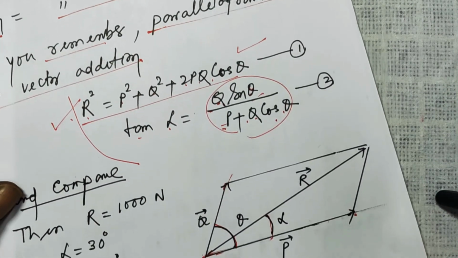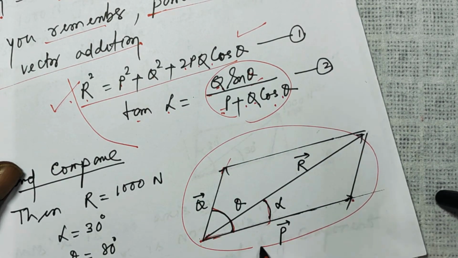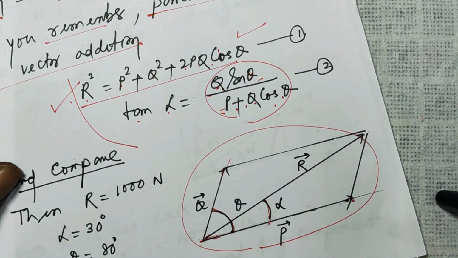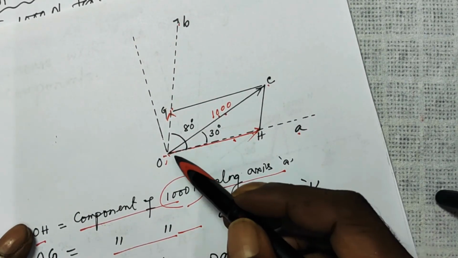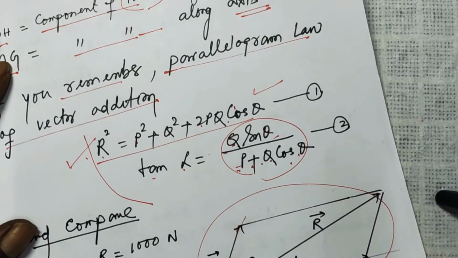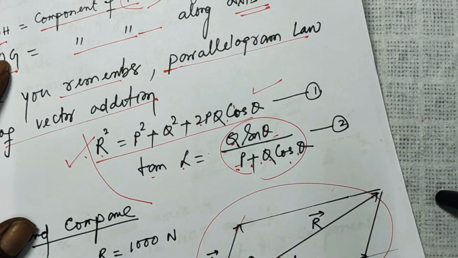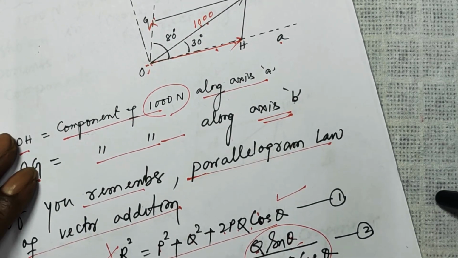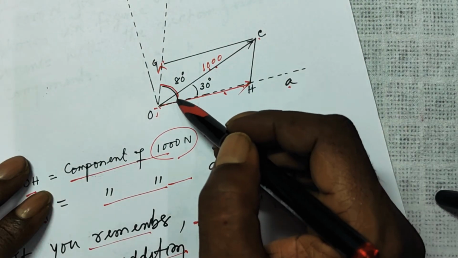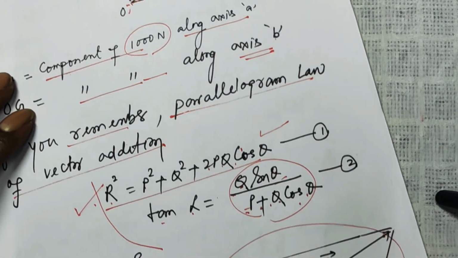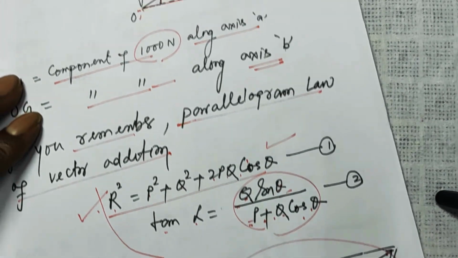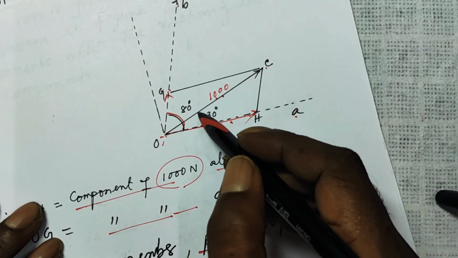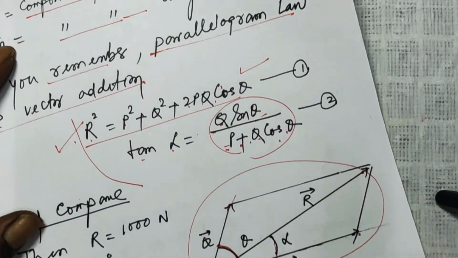Now if you compare this diagram and these two expressions with this one, then this is your R, the same as this, which is 1000 Newton. And this 80 degree which is given in the question is theta in this diagram, and this angle 30 degree is your alpha.